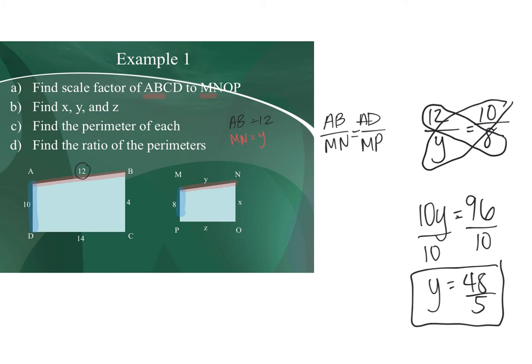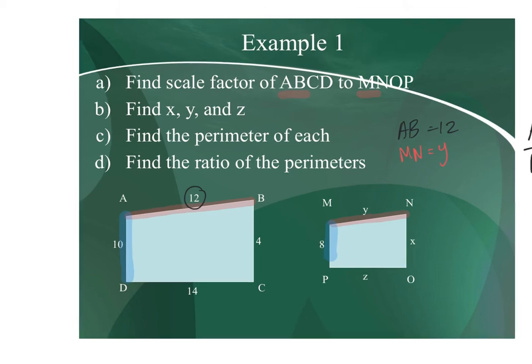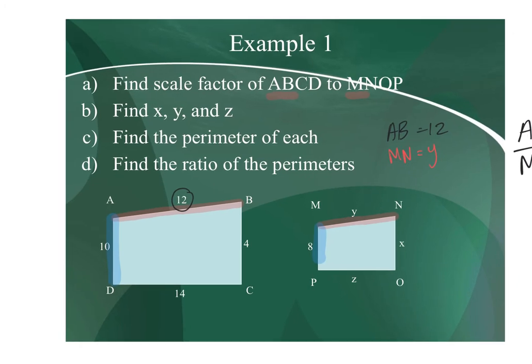Wait, but you have to do... Or 9.6. I thought it said that we had to do AD and MP, right? So I jumped ahead, I did the first part of B. But in order for us to find this scale factor, all we need to use is this AD and this MP, because those are the two sides that we are given.